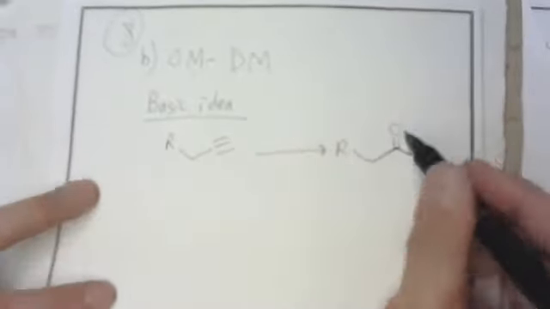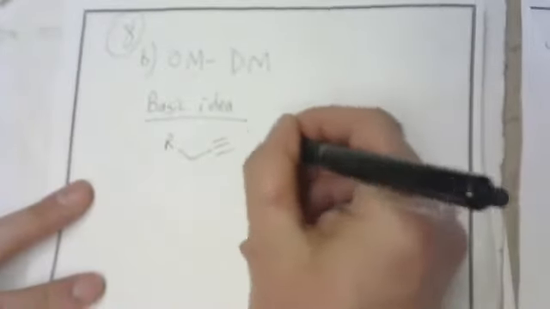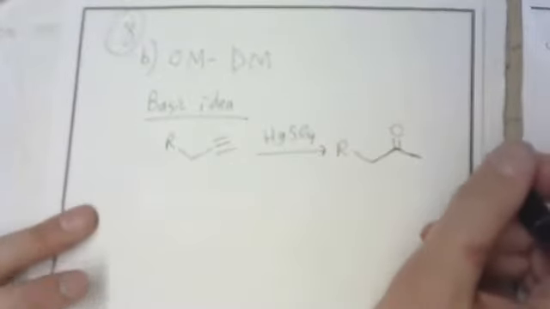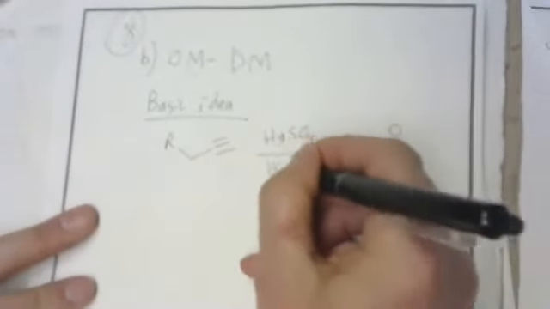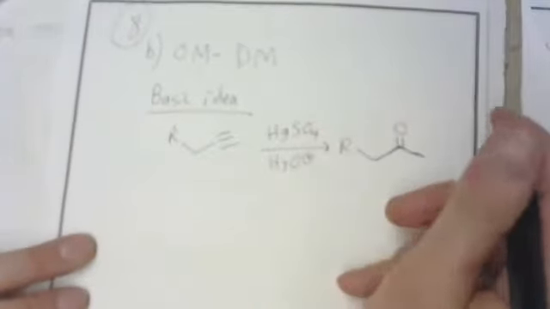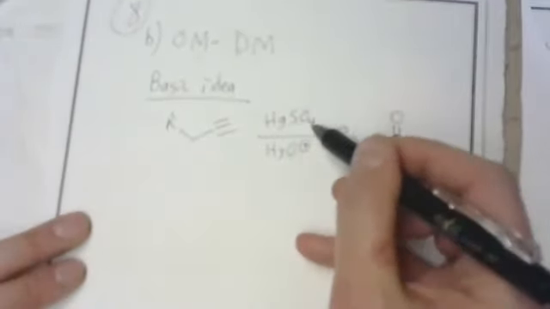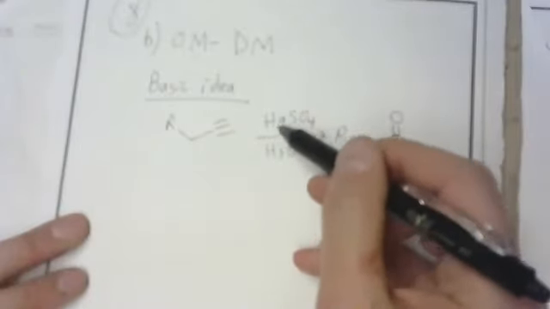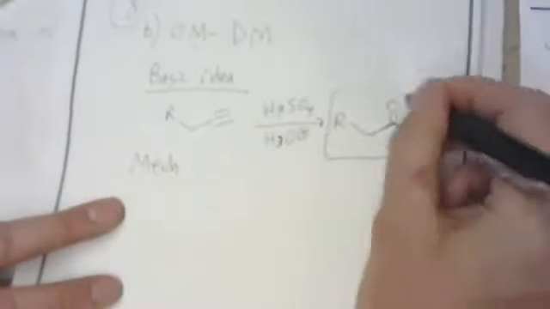Alkynes use a different reagent, mercury sulfate, HgSO4, and H3O+. Sometimes people just write HgSO4 and then H2SO4, which is sulfuric acid, but it's essentially acid, H3O+. Okay, so that's the basic idea. Let's show the mechanism now. Big thing though is you get a Markovnikov product as a ketone.